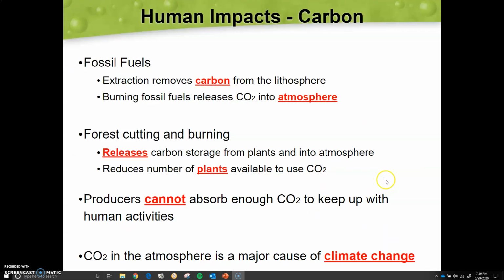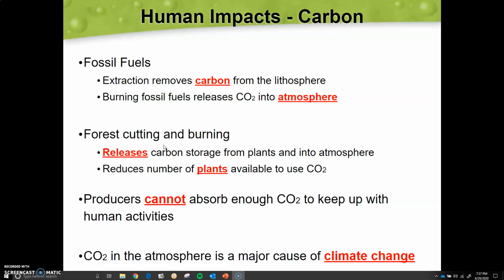So some human impacts from carbon. Through fossil fuels, we're removing carbon from the lithosphere, and then the burning of those fossil fuels is going to release carbon dioxide back into the atmosphere. Forest cutting and burning: whenever we cut down or burn anything in the forest, it's going to release that carbon storage from plants back into the atmosphere.